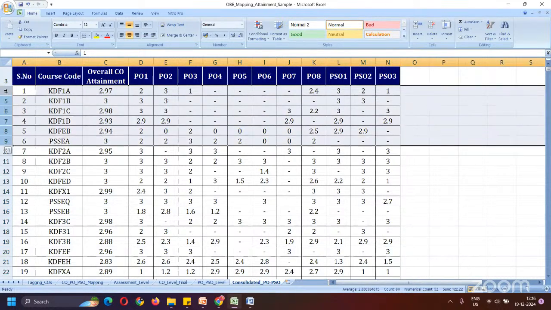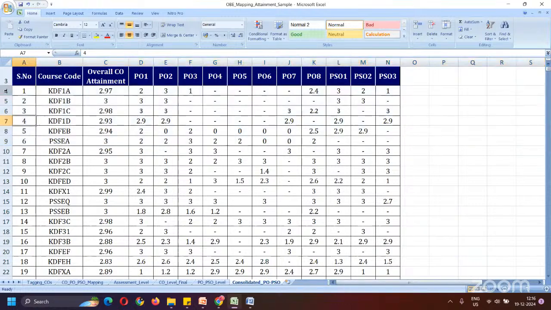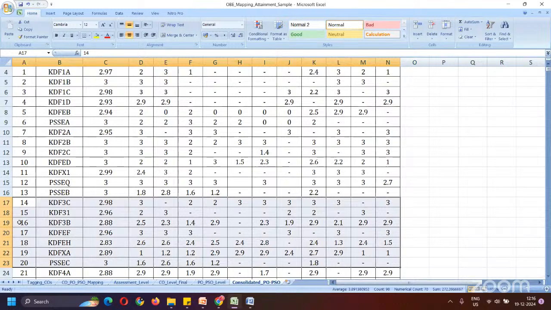So at the end of the first semester, you know the PO and PSO attainment for six subjects. Another set of subjects contributes to the second semester, and likewise at the end of each semester, for the individual batches, you have to calculate the semester-wise subject contribution.